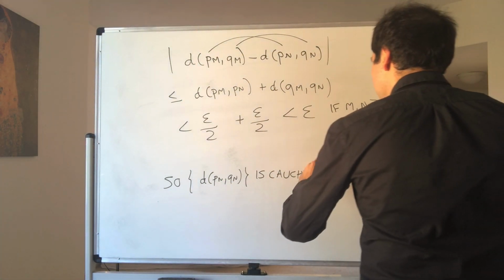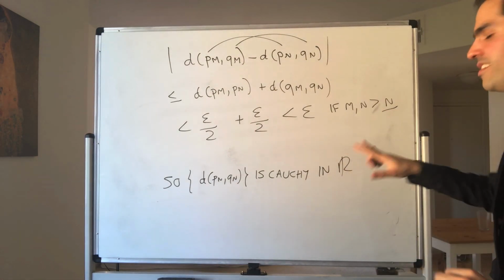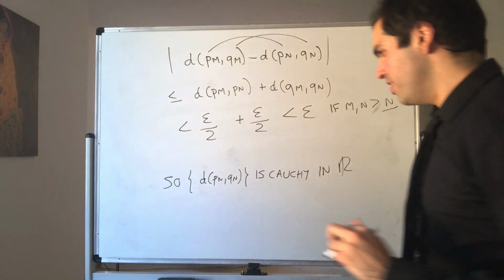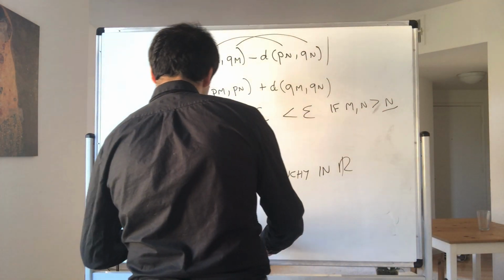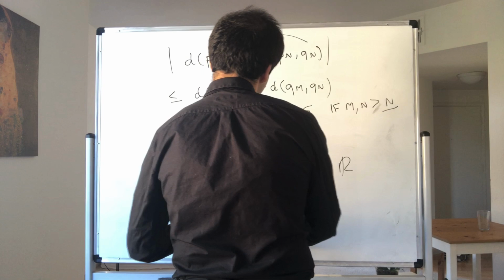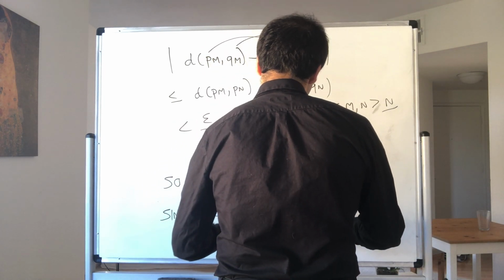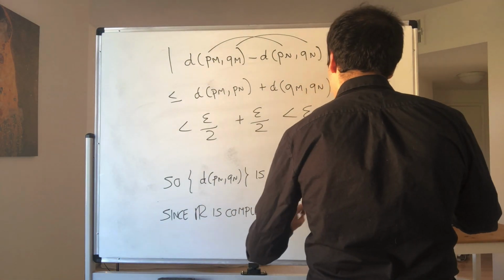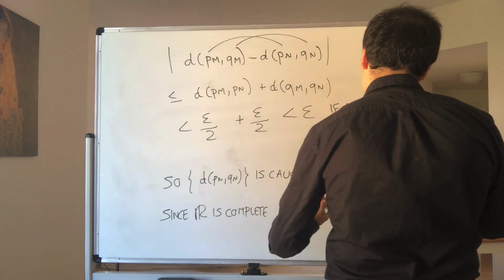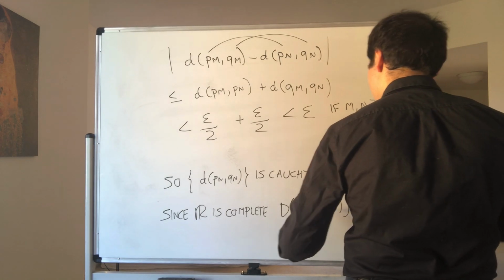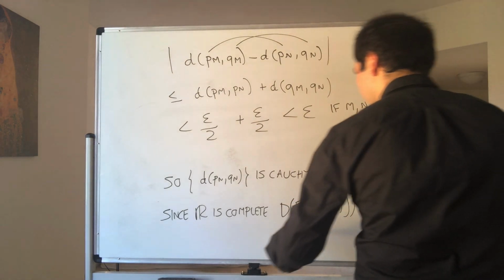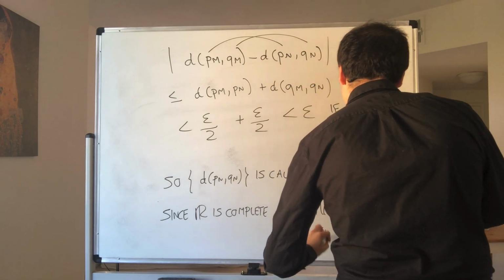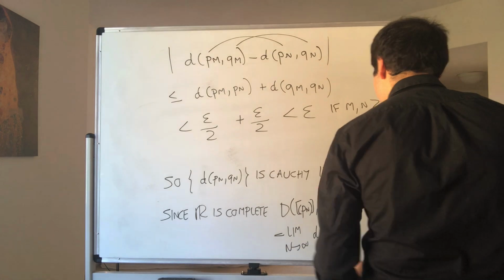So it's Cauchy in R. So because R is complete, and again we have already shown this, the limit of that exists, and that's what we call d(Pn, Qn), which is the limit as n goes to infinity of d(Pn, Qn).